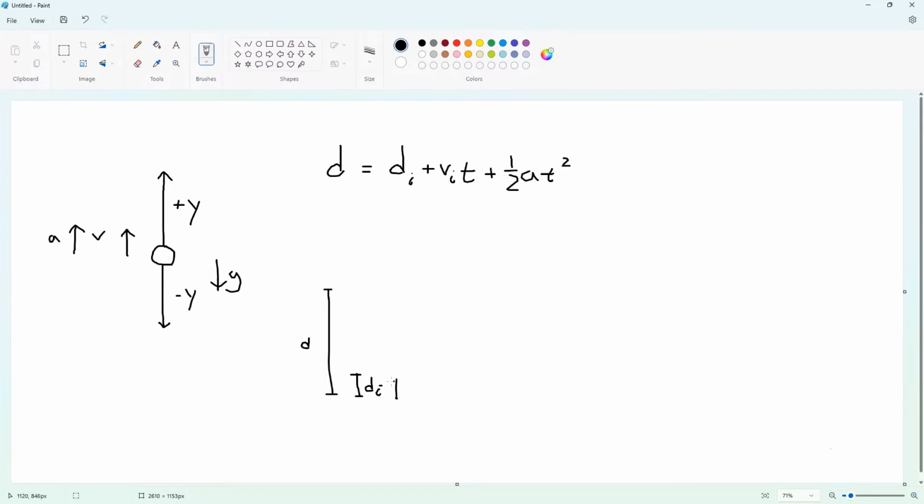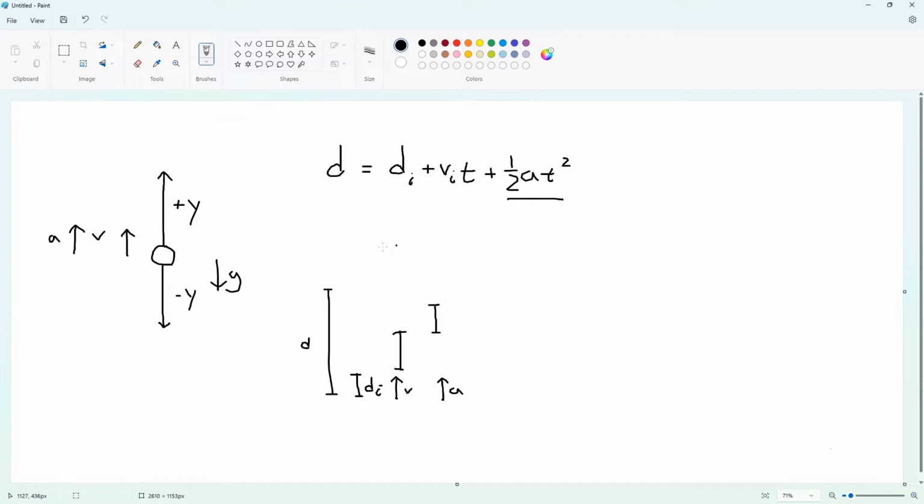So if we add some initial velocity over this time, we will cover this amount of distance, plus the distance that we covered due to increasing velocity. In other words, the distance we covered due to acceleration. So we have this acceleration, and this may affect the distance we cover even more.